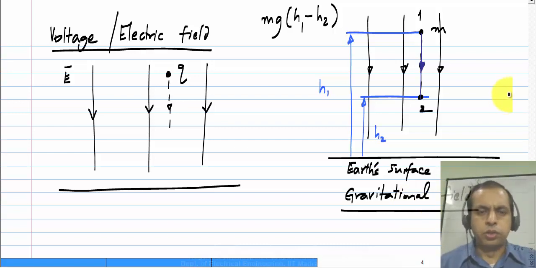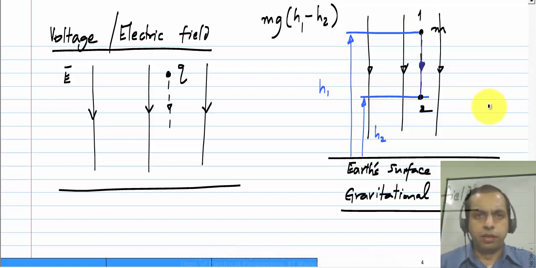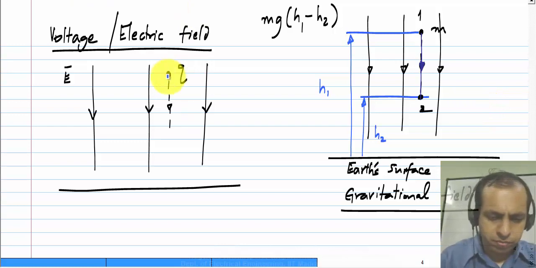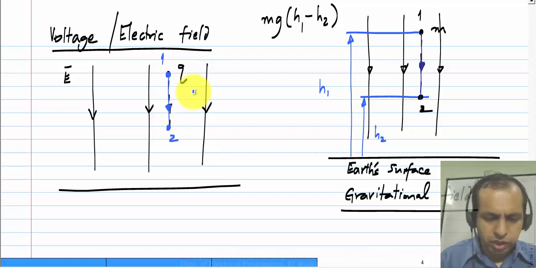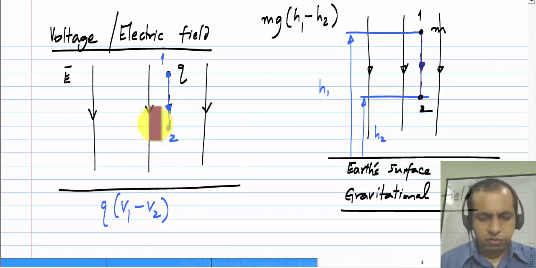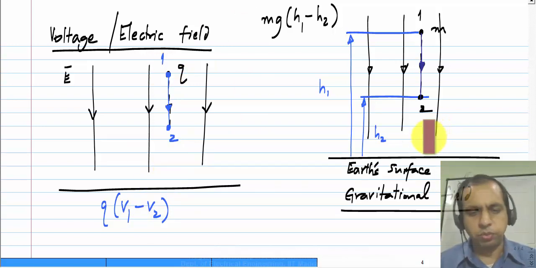Then we also know that the voltage is related to the integral of the electric field. Okay. Such that when the charge moves from point 1 to point 2, it gains an energy which is equal to q times (V1 - V2), where V1 is the potential at point 1 and V2 is the potential at point 2.